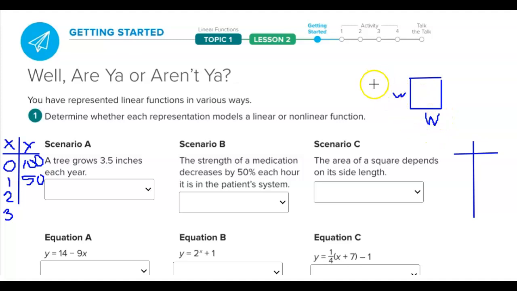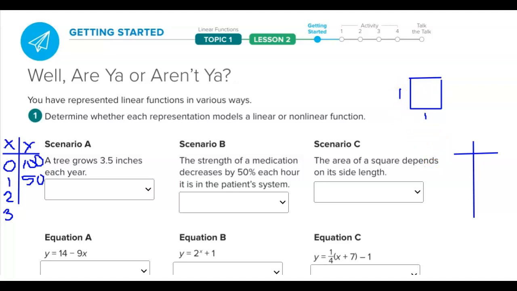So say that the width is 2 inches. It's also going to be 2 inches over here. Area is this side times this side. So if you take 2 times 2, that's going to give you 4. If the sides of the square were 1, 1 times 1 is 1.